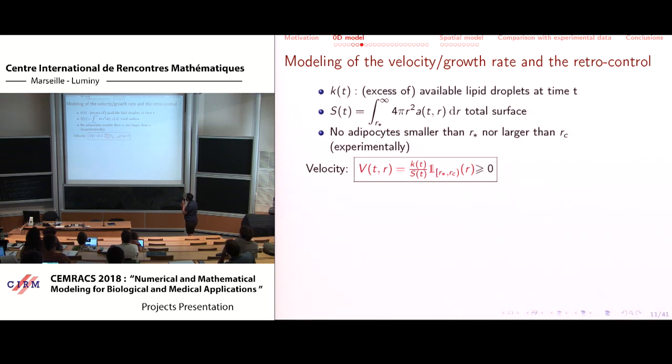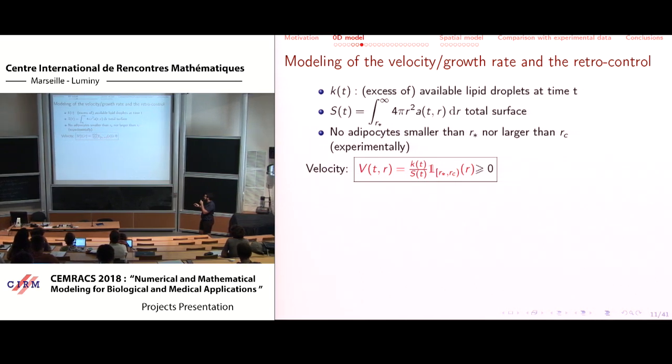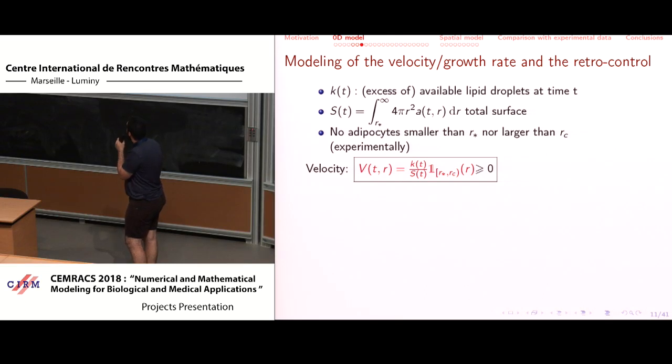So we have this fraction, K of t over S of t. And then we have an indicator function with R_C, which is a critical radius, that accounts for the fact that we do not observe experimentally adipocytes of radius larger than R_C. That's why we have this indicator function. So that provides a non-negative velocity.